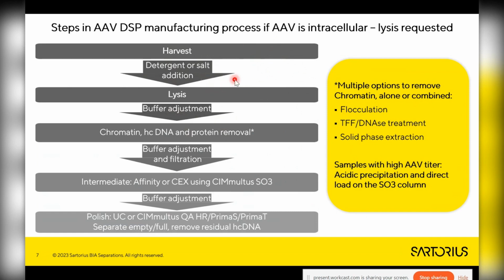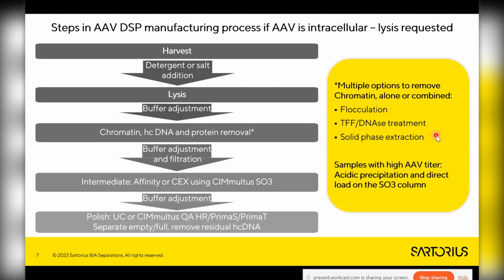After this, we would go to the next step, which is chromatin removal. We have several approaches for chromatin removal. It really depends on case to case, how the upstream sample looks. We would use flocculation. We would use more standard TFF DNase treatment. We are now implementing another approach, which is solid phase extraction.